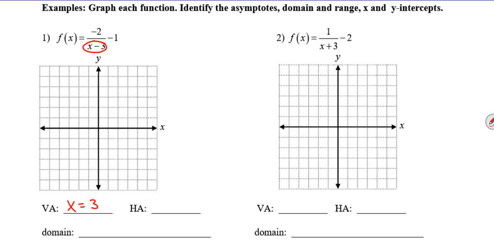So I can go over here and put my dotted line there because that's where my vertical asymptote will be. My horizontal asymptote will be my k value. So it's -1. So y equals -1, because it would be y equals 0, but it was shifted down 1, right? So that means there's a horizontal asymptote right there.